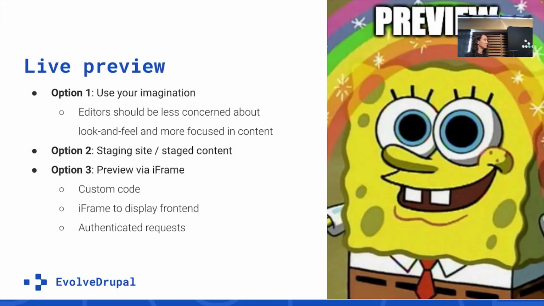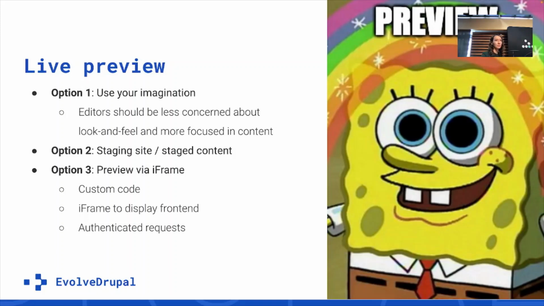So we have two other options. We could have staging content or a staging site where you stage your content and let the client review it and let QA go through it. Or, something that we've always been using before, is to render the preview in an iframe. It does involve some complexity. Number one, unpublished content is not accessible to an anonymous user, so you have to make sure that you have configured the correct revisions.